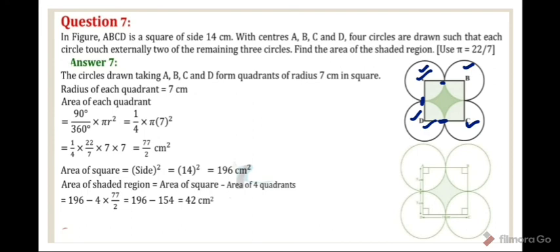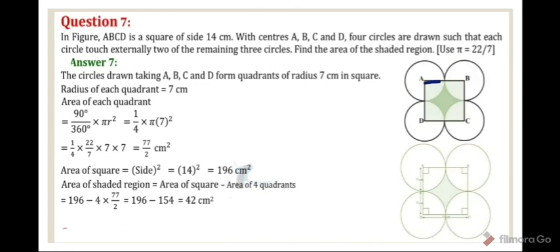That means corresponding circles will touch each other at exactly 1 point. From the figure you can easily say that since AB distance is given as 14, this distance from here to here is half of it. That means the radius for each circle is 7.